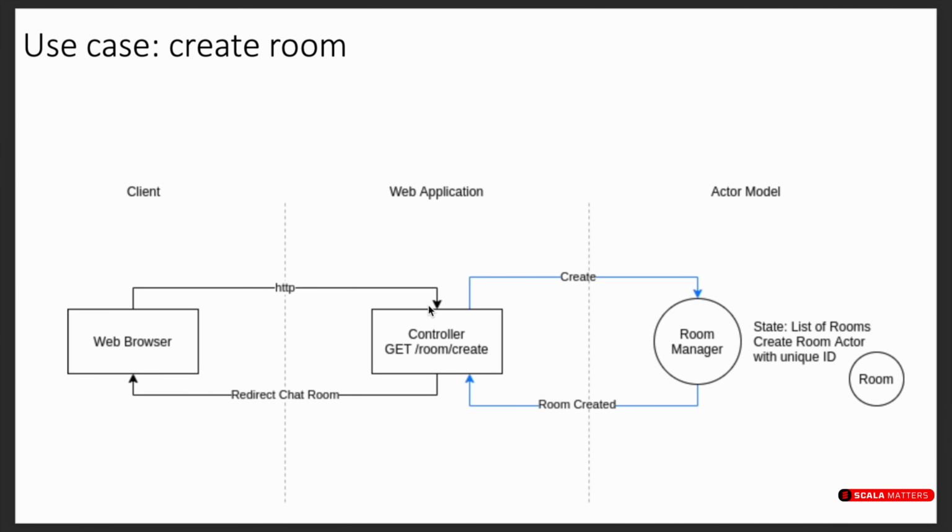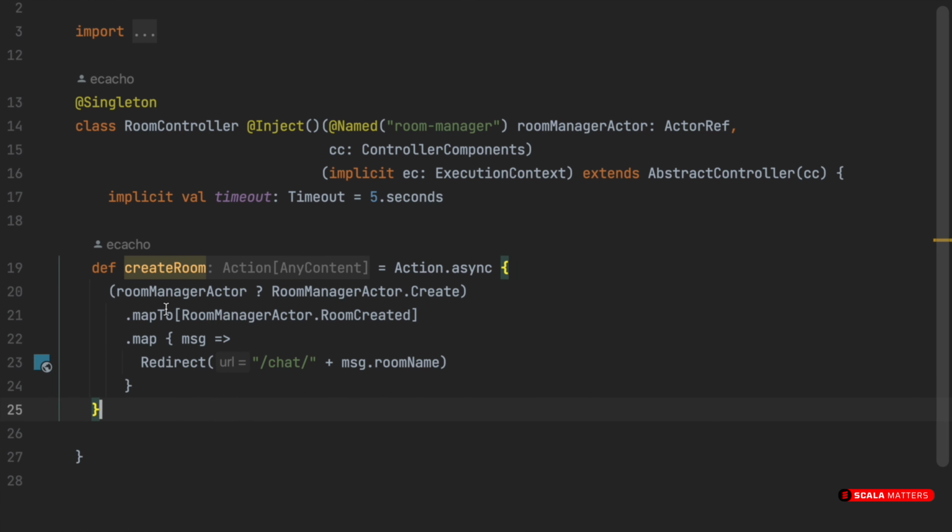As the design describes, the web browser goes to the controller, which sends a create message to the room manager, the room manager responds room created, and we redirect the browser to the chat room. Basically, this is what it does, in a few lines of code.